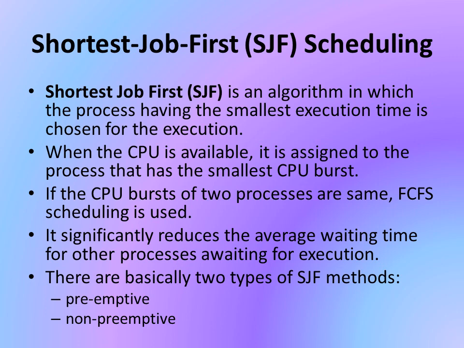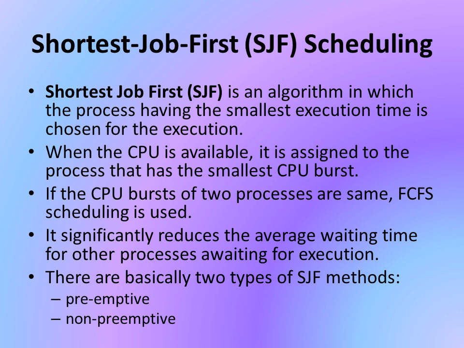However, if the CPU burst of two processes are same, in such a situation, first come first serve scheduling is used for selecting one process out of those two processes. The shortest job first significantly reduces average waiting time for other processes waiting for execution.